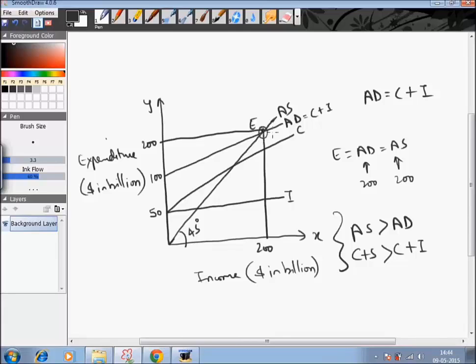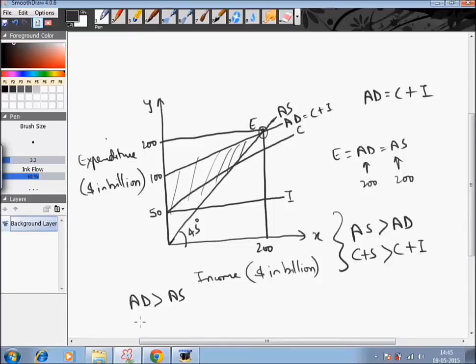Fine. Similarly, we can see what will happen below the level of $200 billion, that is, below the equilibrium point, where AD is greater than AS, that is, aggregate demand is greater than aggregate supply. So at this particular level, the firms are not able to meet the demand of the market. That is, they are providing less output to the society.